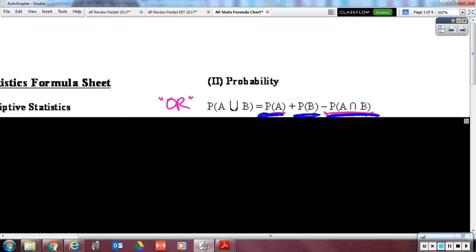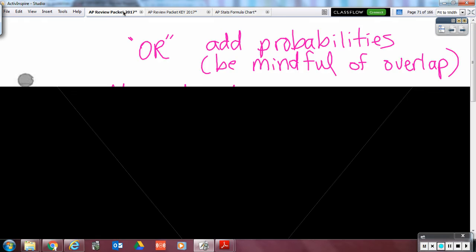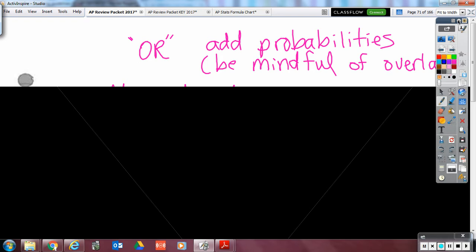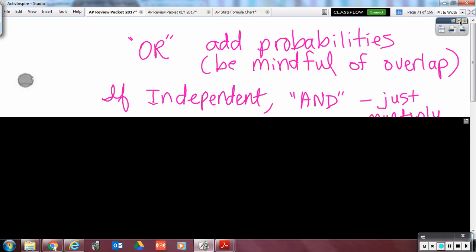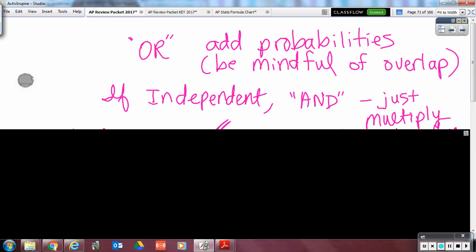All right, the next thing is the and. If they want this and that, then you can just multiply. The key is you need to know if those events are independent.